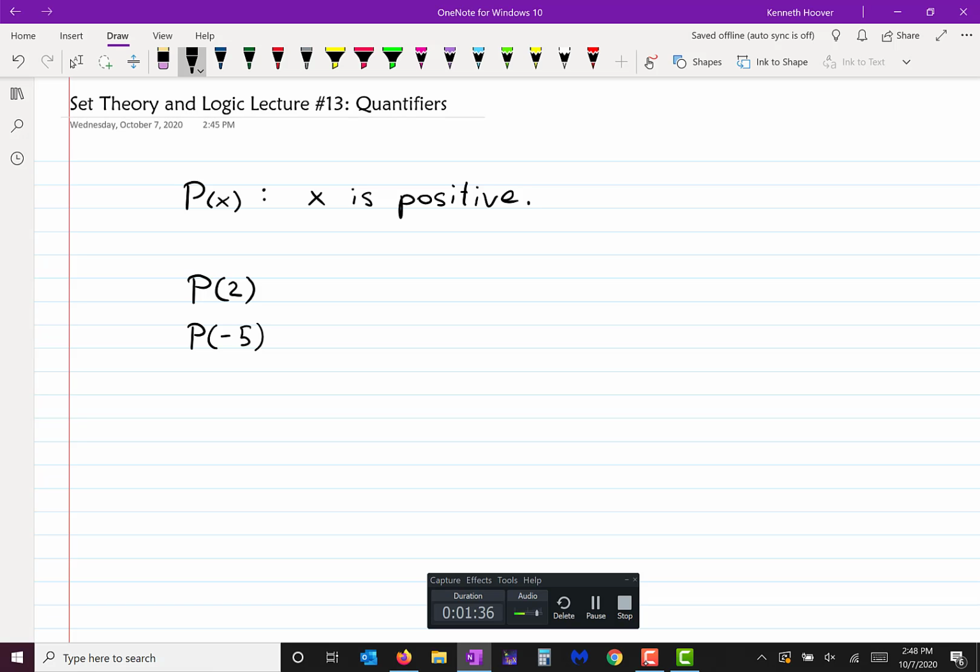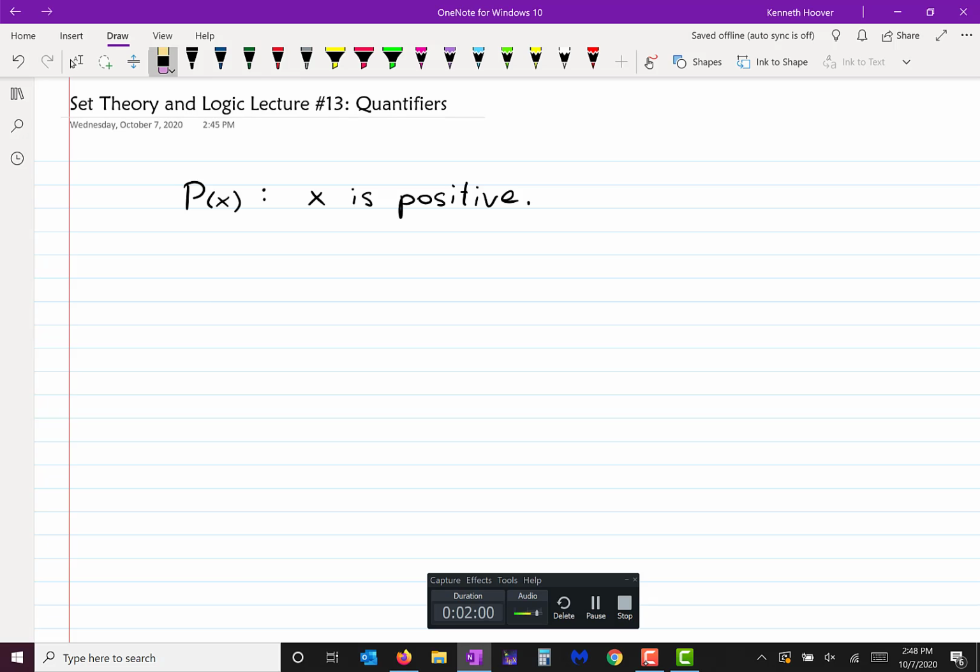What I want to teach you today is there's another way to turn an open sentence into a statement. And that is by adding what's called a quantifier. And there's two kinds of quantifiers. Here, let me say it like this.